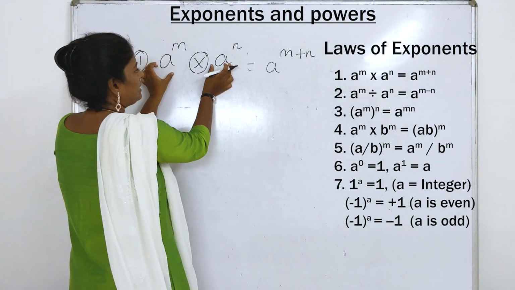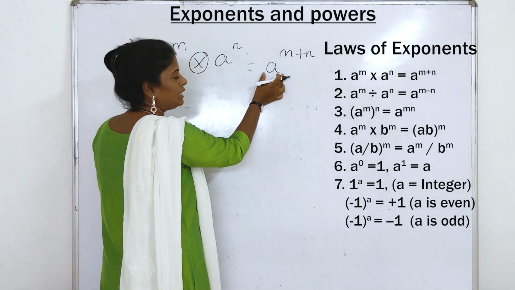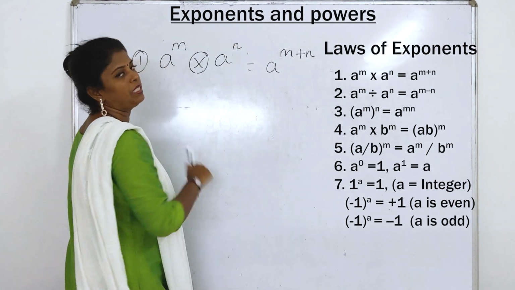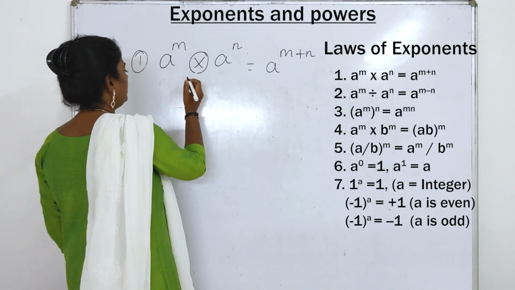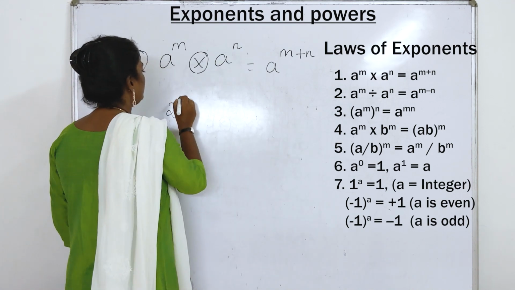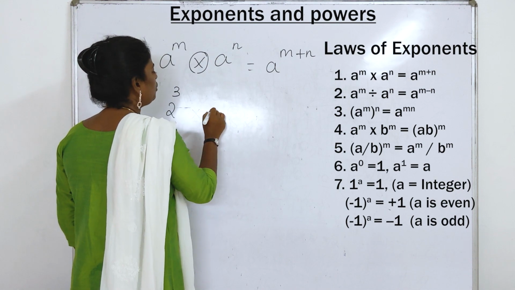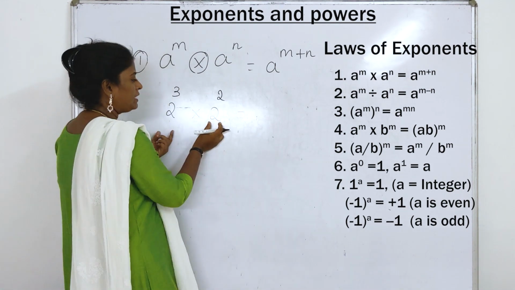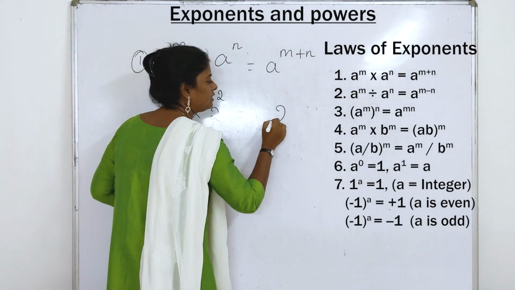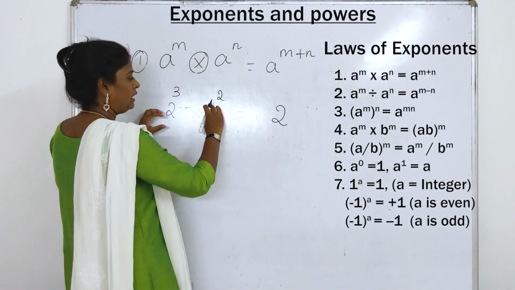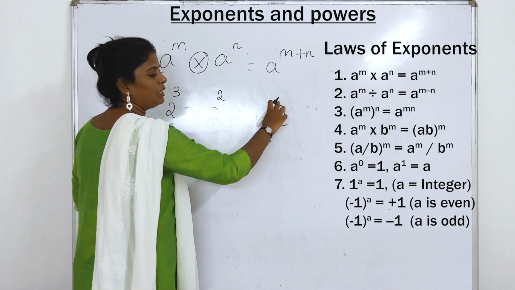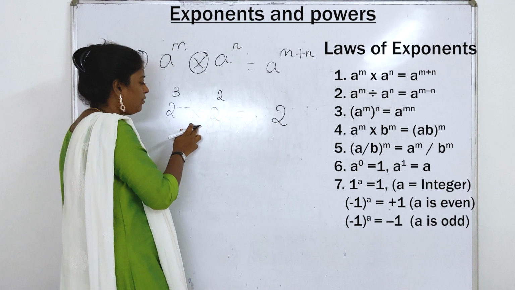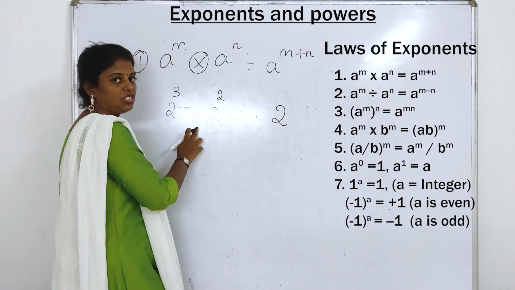Yes, if the base is the same, just write the base and add the power only if they give the multiplication sign. For example, 2 power 3 into 2 power 2. The base is the same, so just write the base and add the power, because they gave the multiplication sign.